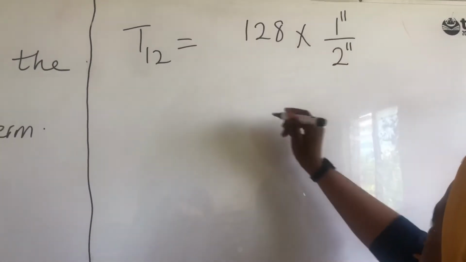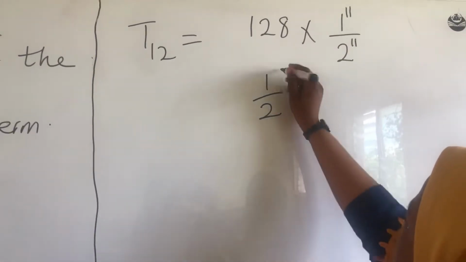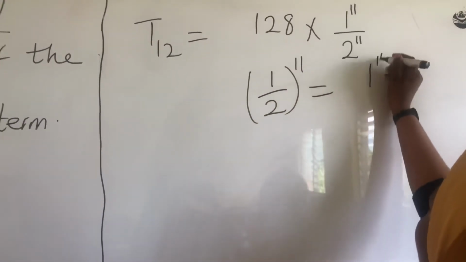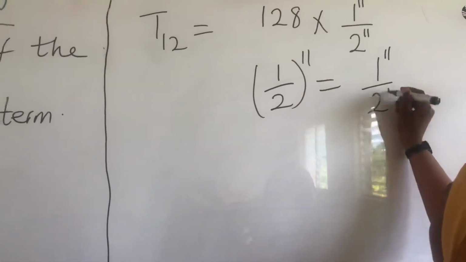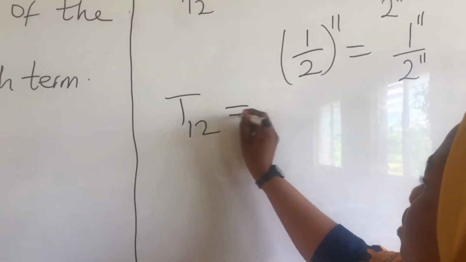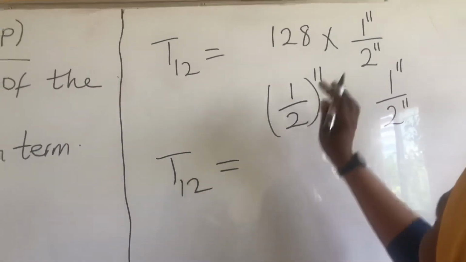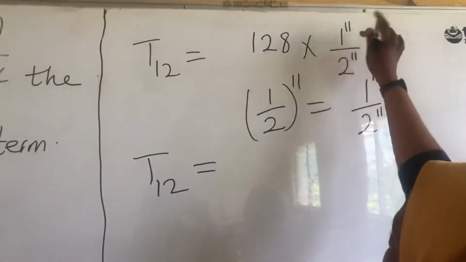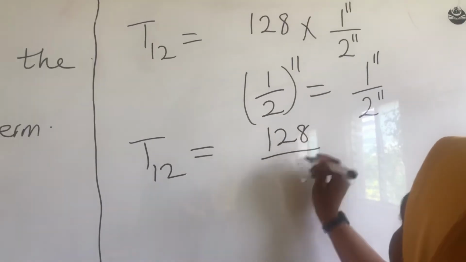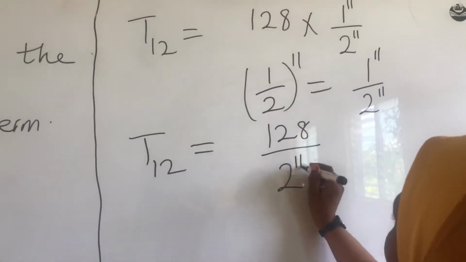It's the same thing. 1 over 2 raised to the power of 11 can be written as 1 raised to the power of 11 over 2 raised to the power of 11. So the 12th term will be equal to, this one will still give us 1. So 1 times 128, 128 divided by 2 raised to the power of 11.